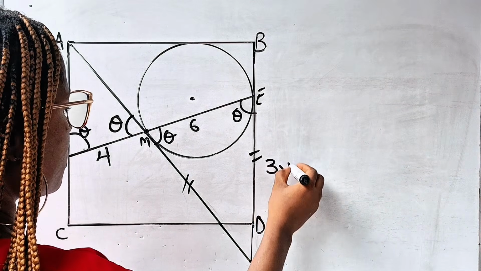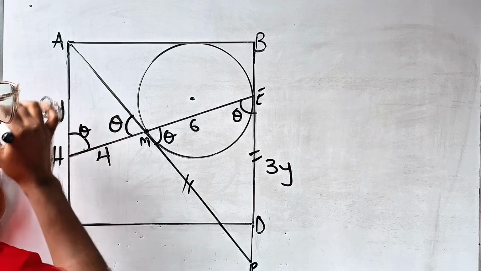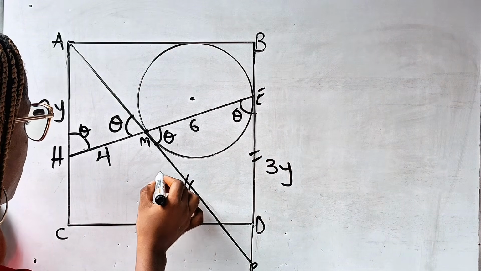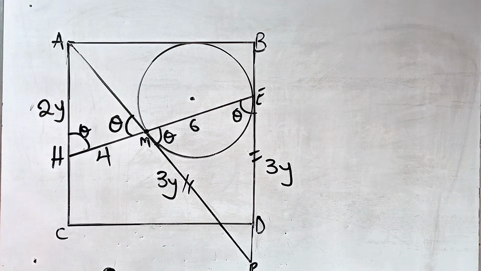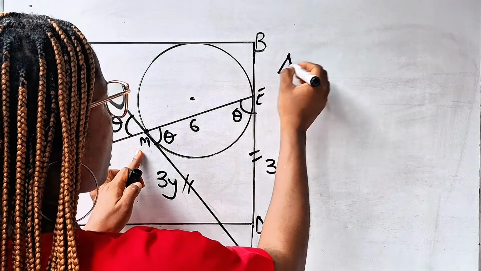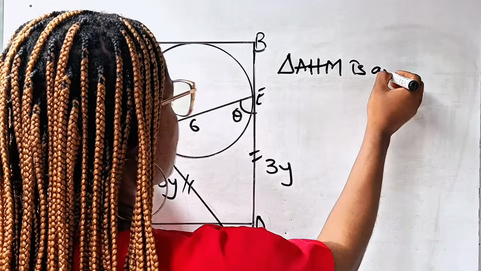So let's call this 3y. Then AH is 2y. Now remember that MP is equal to EP, so this side is also 3y. Now, I want you to note that triangle AHM is an isosceles triangle.